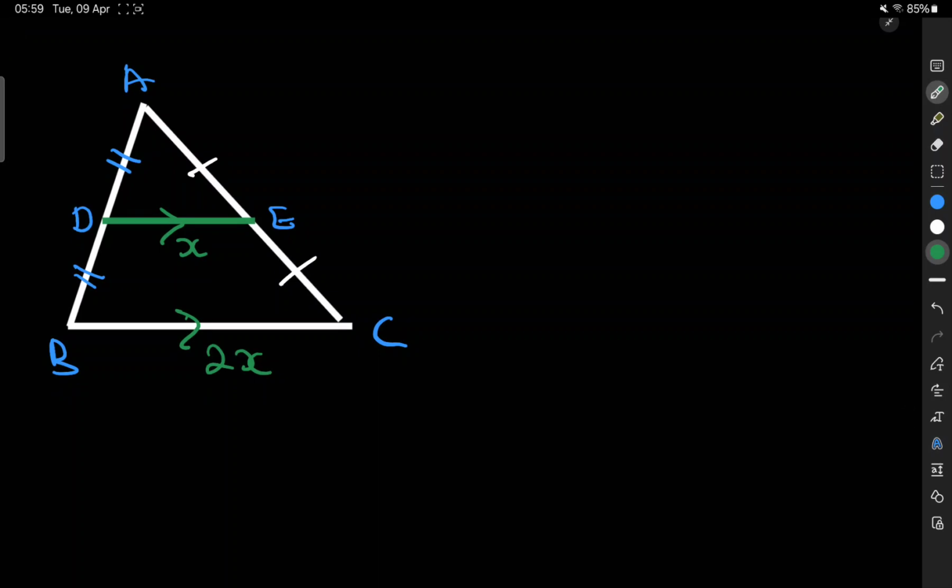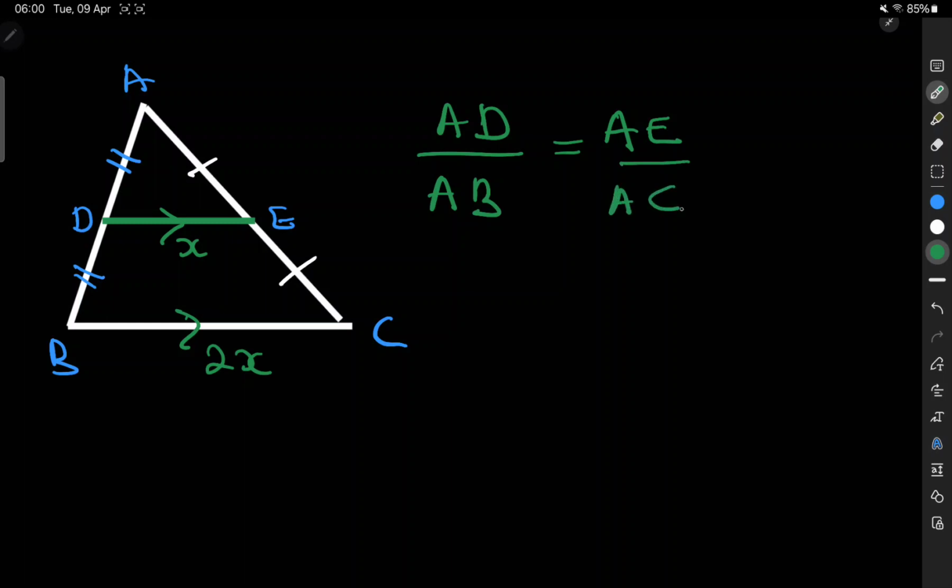Now that we've concluded the midpoint theorem states that DE is parallel to BC and half of BC, what the theorem also states is that AD over AB will be equal to AE over AC, and will also be equal to DE over BC.